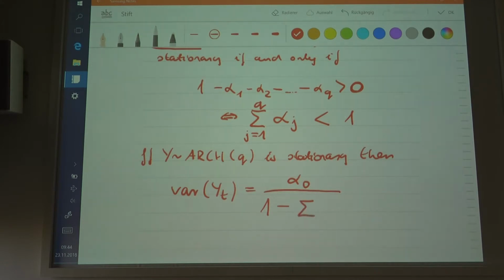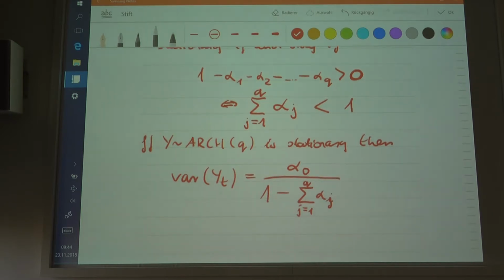In this case the total sum has to be less than 1. If the total sum is not less than 1, then the variance will be negative.